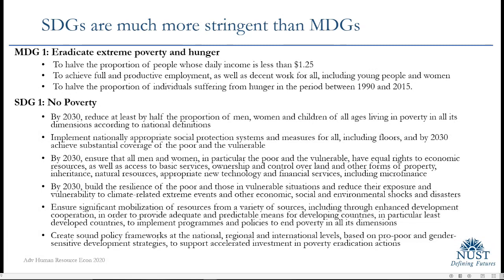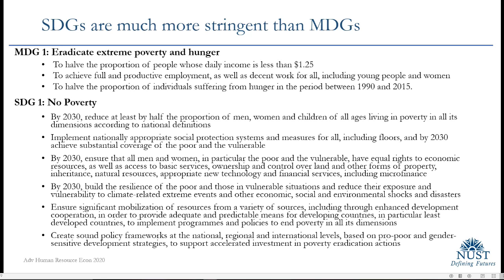I know that this slide is very tight, text is very much cramped. The intention is not to make you read these, just trying to show you that SDGs are much more stringent than MDGs. So this is just an example. SDG 1, we will look at it in a separate slide with a slightly bigger font. It will be much easier to read in that slide.